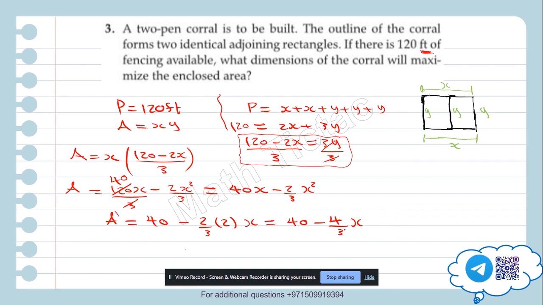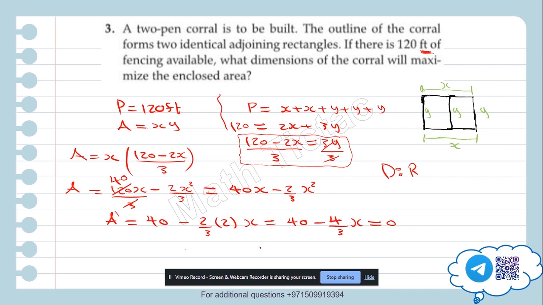Now starting directly with making the derivative equal to 0. For the original function, the domain will be from minus infinity to infinity. This is a polynomial, so the domain is R for the original function. So in here, let's find the zeros. I will take 4 over 3 x to this side.